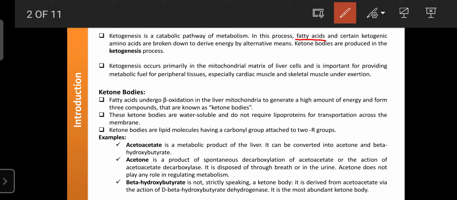Naturally, the ketone bodies are produced in our body due to the breakdown of fatty acids or the breakdown of ketogenic amino acids, that is leucine and isoleucine. Nowadays they are compulsory and present in our multivitamins, because these ketogenic amino acids help maintain the ATP level in our body.